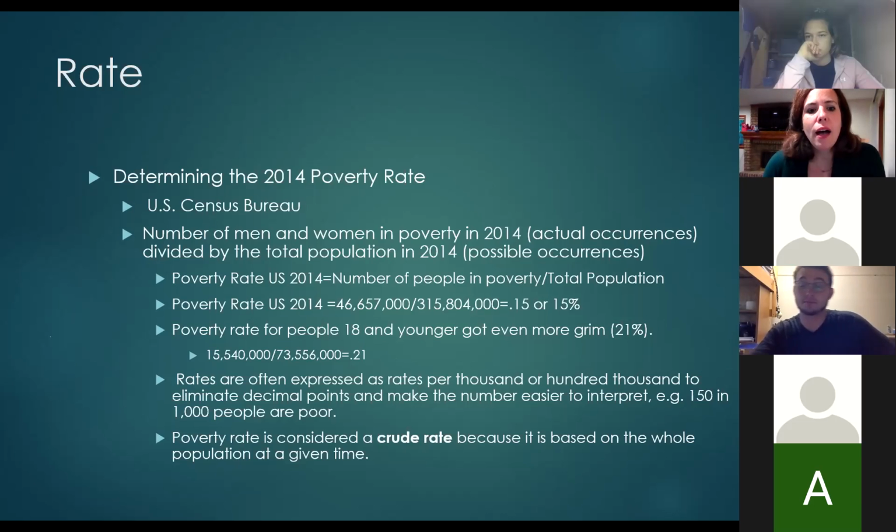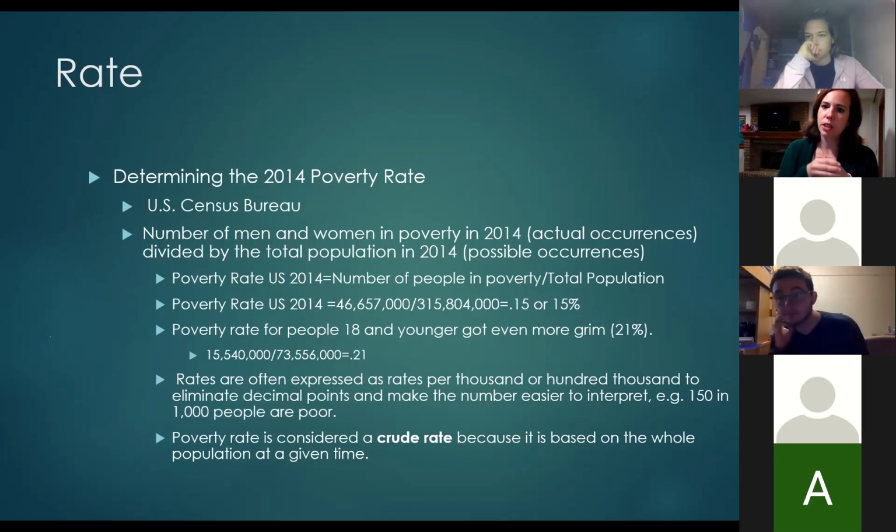So again, poverty rate, and again, divorce rate would fall into that. They're considered crude rate, and that's because they're based on an entire population, but only at a given time, right? You take the census once, and then you wait X number of years before you take it again. So it's not ever evolving, ever accurate.